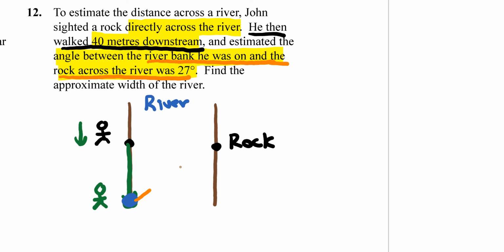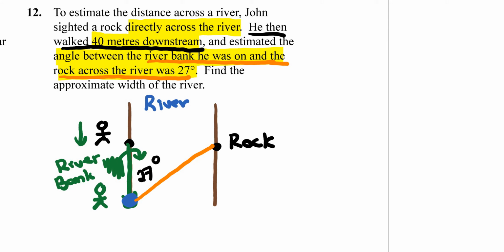So if I draw a little angle right here, since this part right here is the river bank, what that means is this angle right here is going to be 27 degrees. All right, so the question says he estimated the angle between the river bank he was on and the rock across the river to be 27 degrees, right? So since the river bank is right here, this has to be 27 degrees.